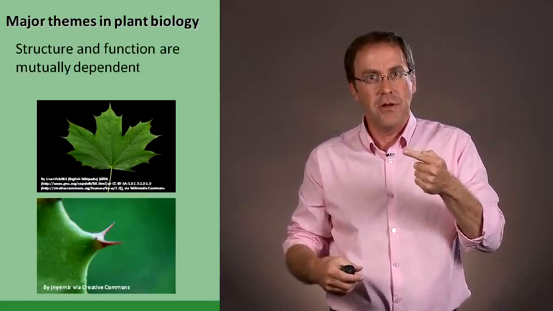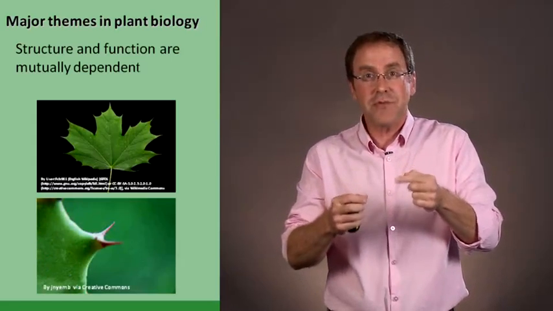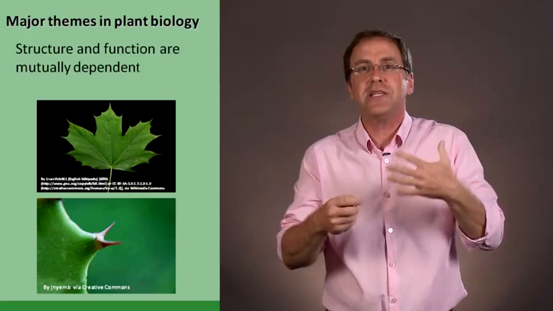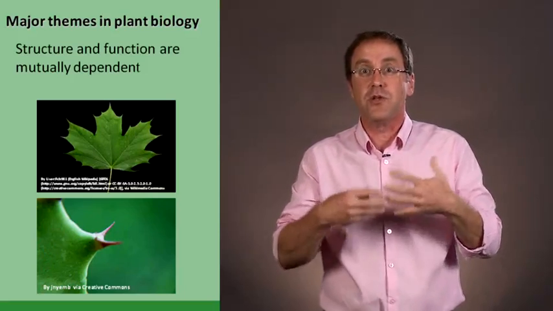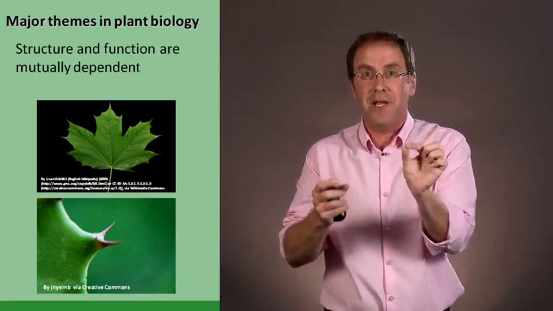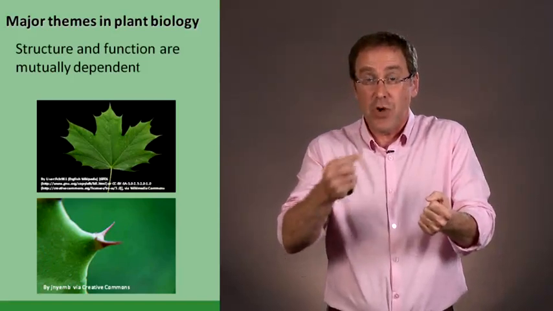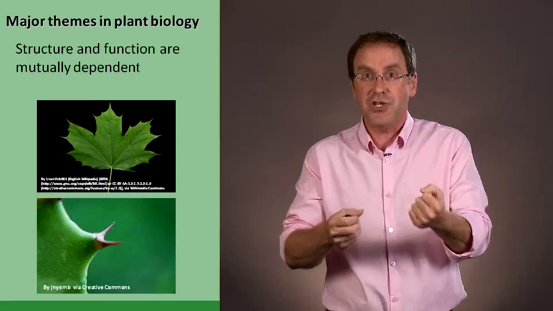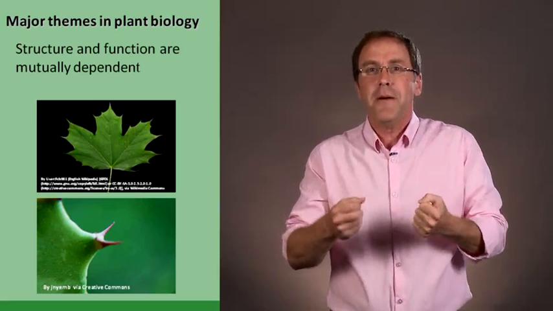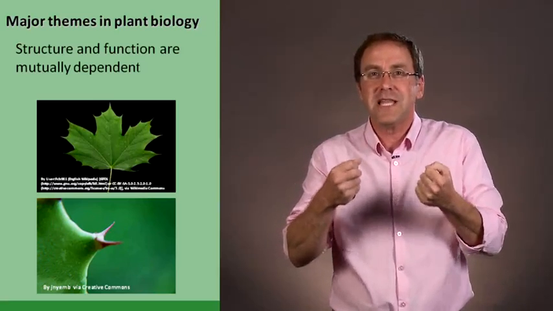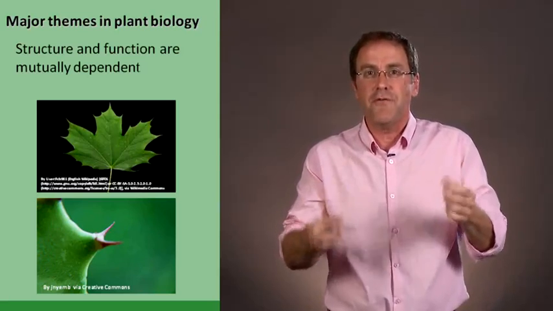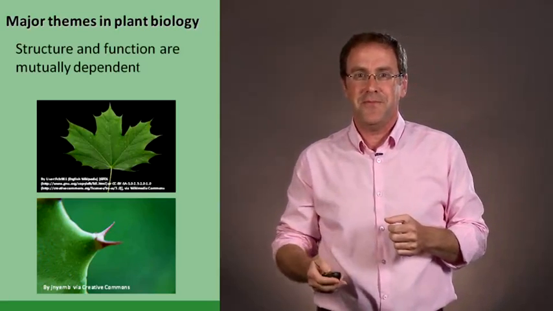It's a thorn. And it has a different structure because its function is different. It's actually trying to conserve water. It doesn't want to lose water, so it's minimized its leaf. So everything we see about a plant, its structure, serves a particular function. And the function helped the selection through evolution to the modern forms of plants that we see.